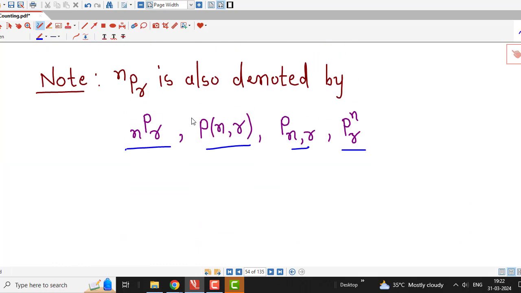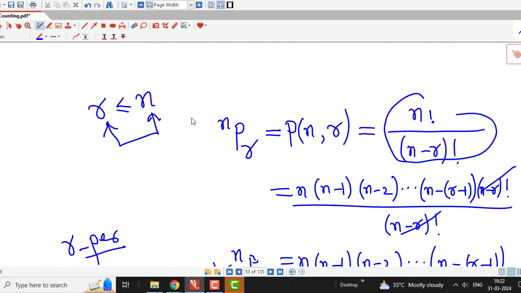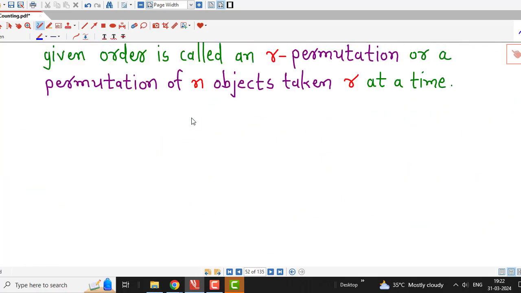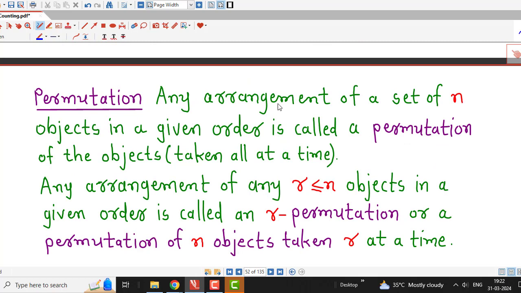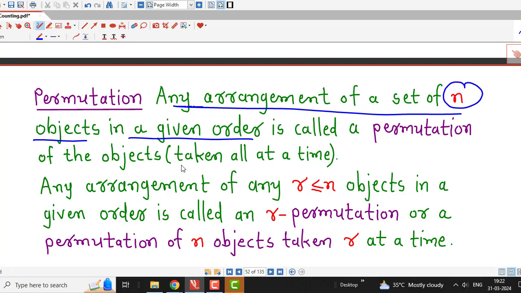So in this lecture we have discussed the meaning of permutation, and as we discussed, a permutation is nothing but any arrangement of a set of n objects in a given order. That is, order is important, and if we are arranging all the objects, then we say taken all at a time.